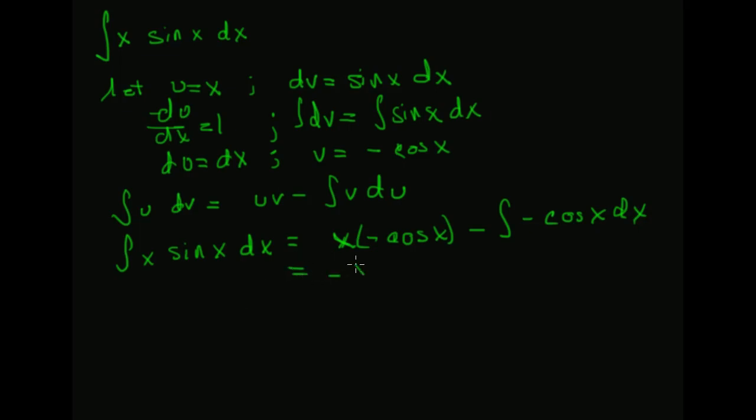So this is going to simplify to negative x cosine x plus the integral of cosine x dx, which is negative x cosine x plus sine of x plus c. And there you go. We have taken the antiderivative by using the by parts formula.